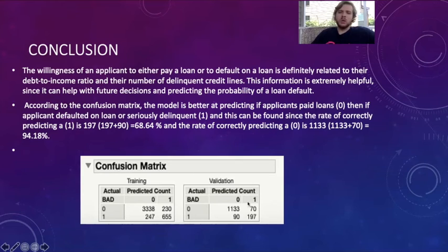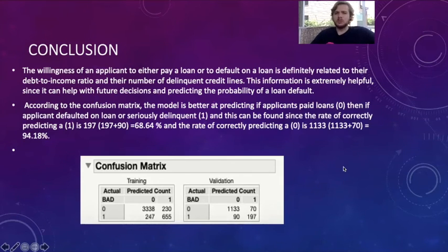And when we are looking at if applicants defaulted on a loan, which is the 1, we are looking at 68% because that's based on 197 divided by the sum of these values represented by 1.